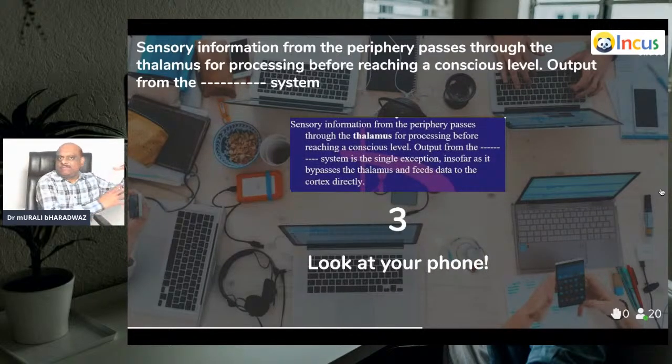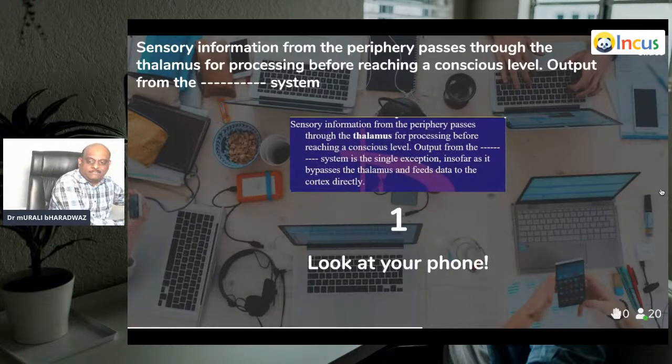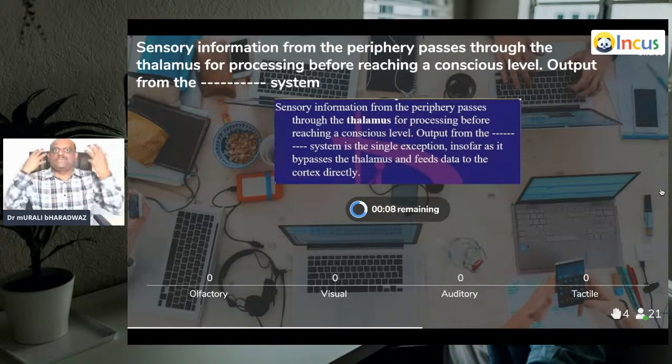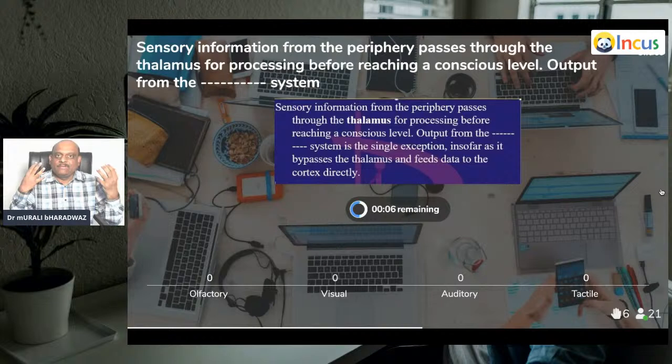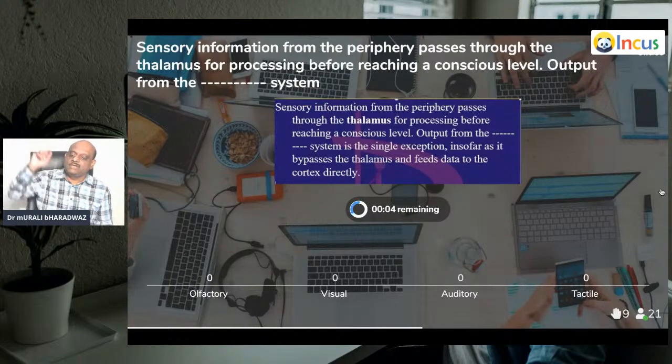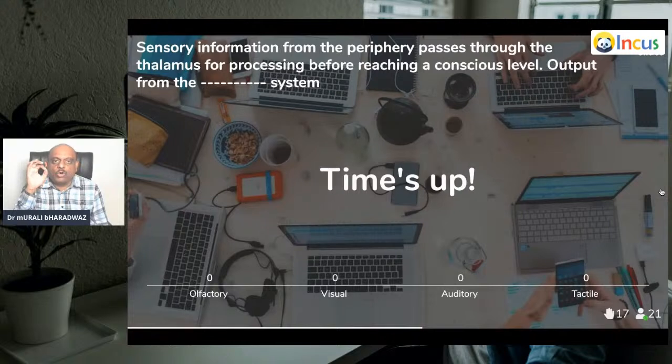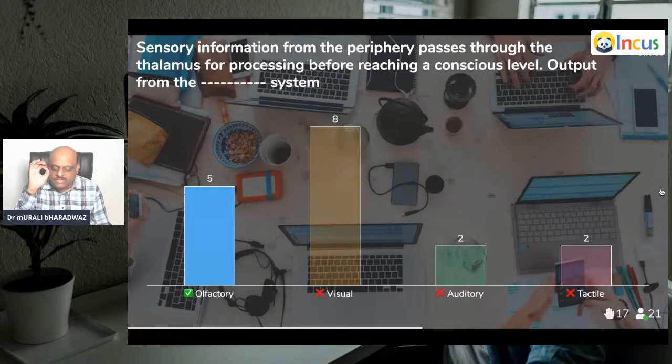The sensory information from the periphery will pass to the thalamus. Thalamus is called the bedroom. All sensory information should touch there before reaching the sensory cortex. But there is an exception. The only sensory system that does not touch the thalamus is the olfactory system.